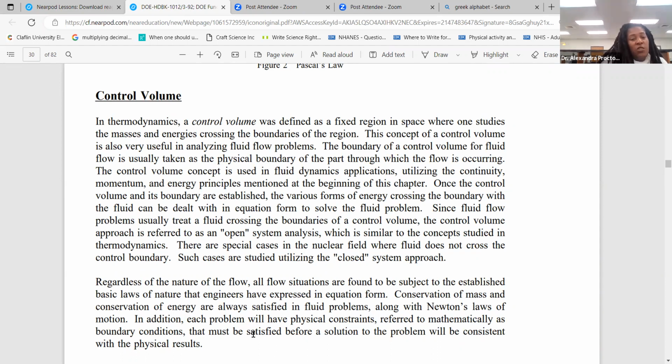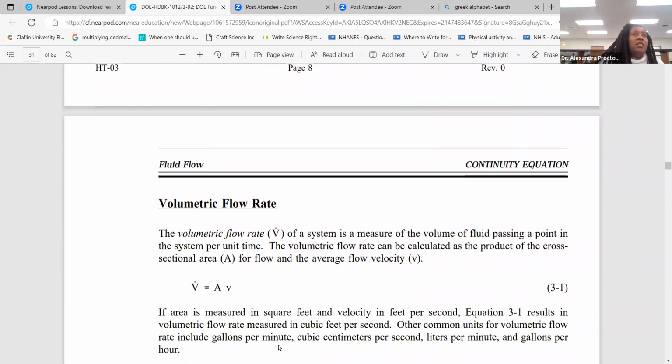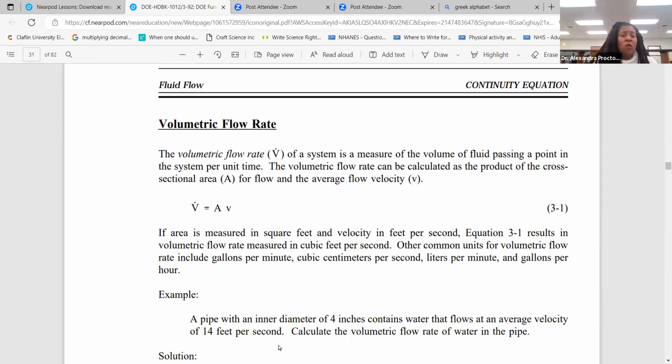In addition, each problem will have physical constraints, referred to mathematically as boundary conditions, that must be satisfied before the solution to the problem will be consistent with the physical results. And of course, anytime you talk about boundaries or limits, you're talking about what they do in calculus.